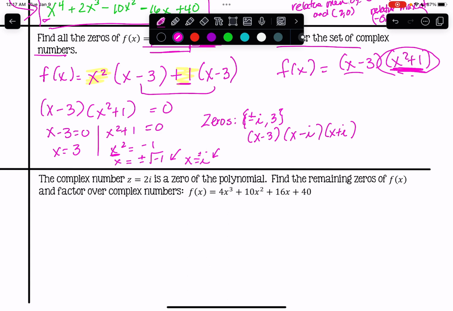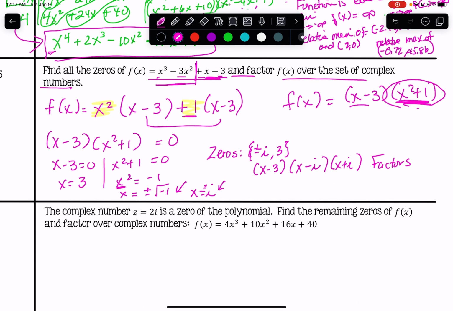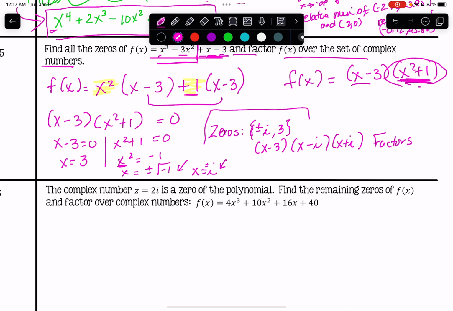All right, and so those are my factors. So it says factor over the set of complex numbers, so it asks for both things, so be aware on homework and on quizzes to completely answer the question.